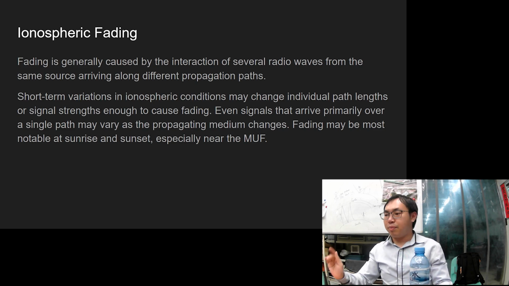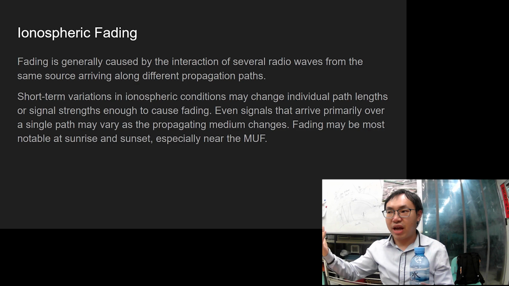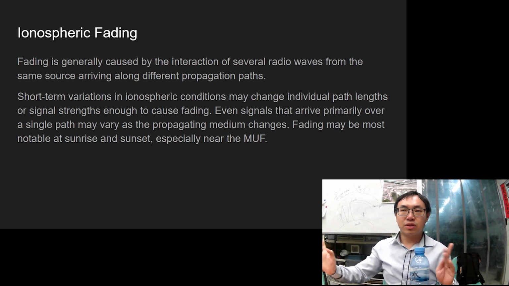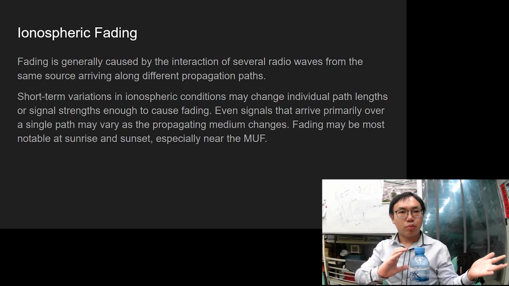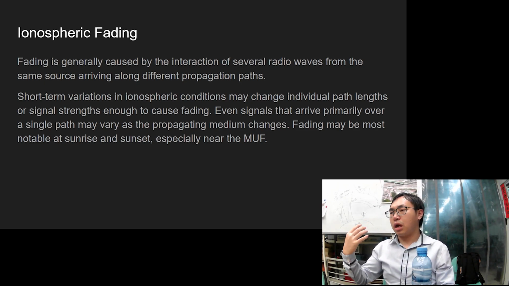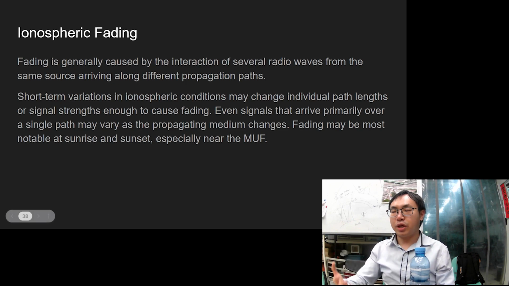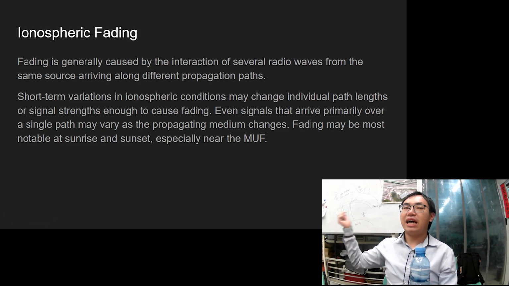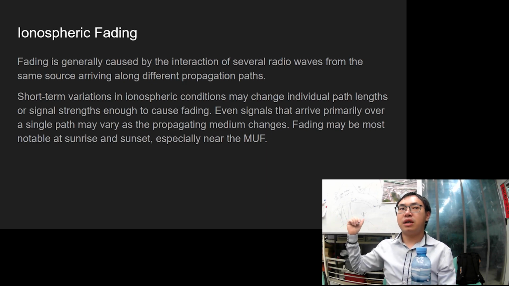QSB, okay? You can check the Q code. There is a Q code especially designed for fading. The fading is notable at sunrise and sunset, especially near the MUF. But it is about the abundance of ions, and sometimes there is UV change.